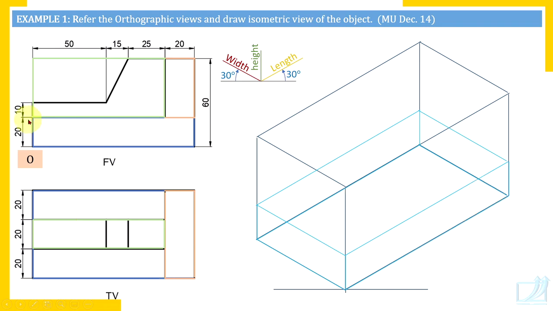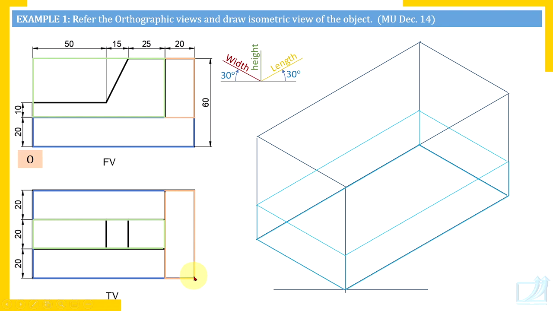Now this is the left side and this is the right side. On the right side, on the top surface of the base plate, we are going to attach this vertical plate that has length 20, length to be measured in this orientation. So on the top surface, measure 20 millimeter length, and what is the width of this object? 60.